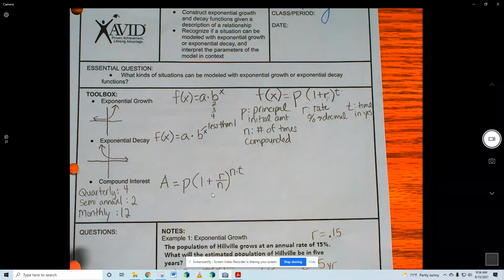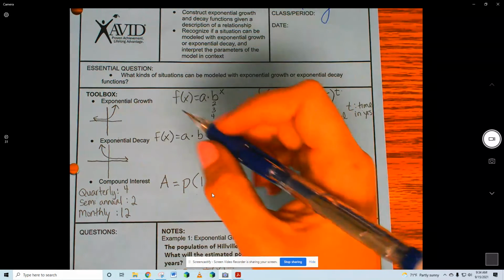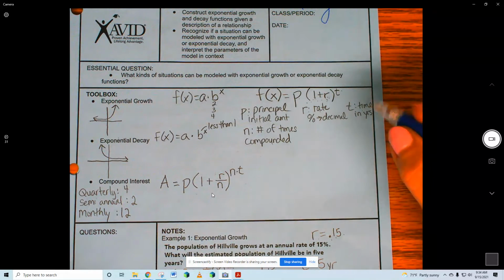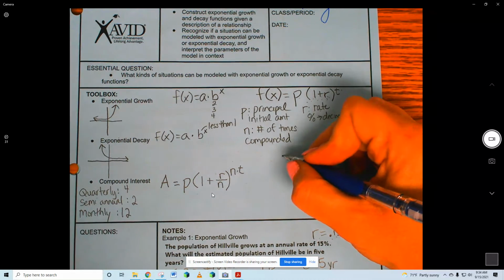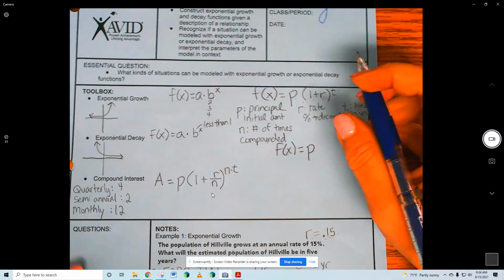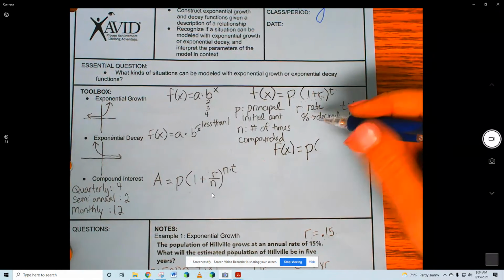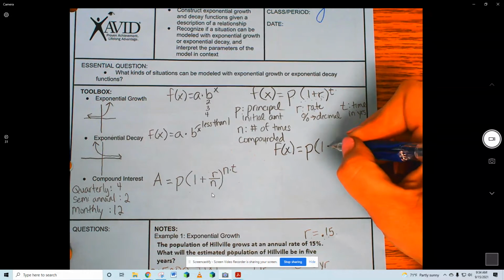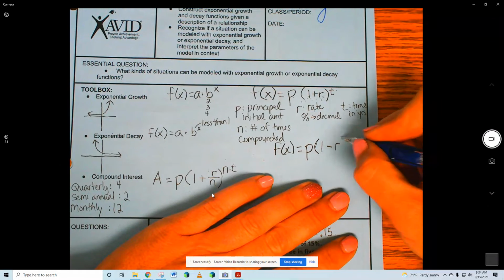But what makes something less than 1 is when you do 1 minus, right? If I want 3/4, don't I do 1 minus 1/4? If I want 0.5, don't I do 1 minus 0.5? So my formula is going to be f of x equals the initial amount, principal, times 1 minus r to the t power.